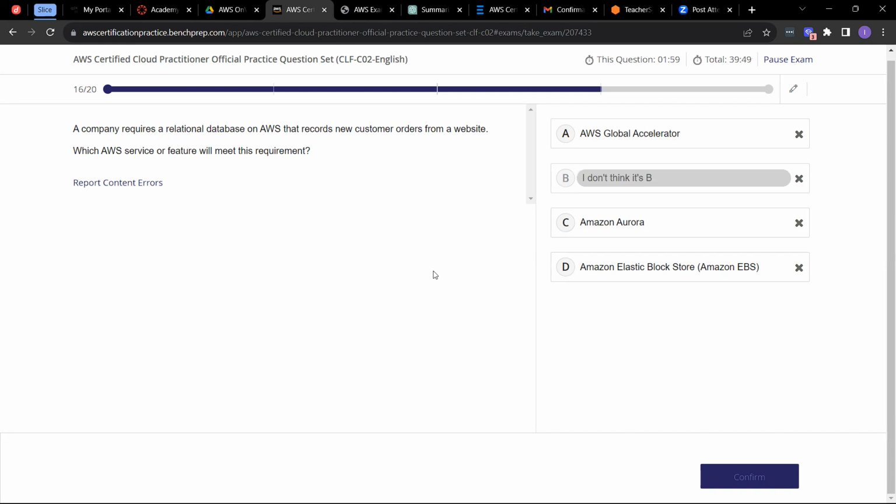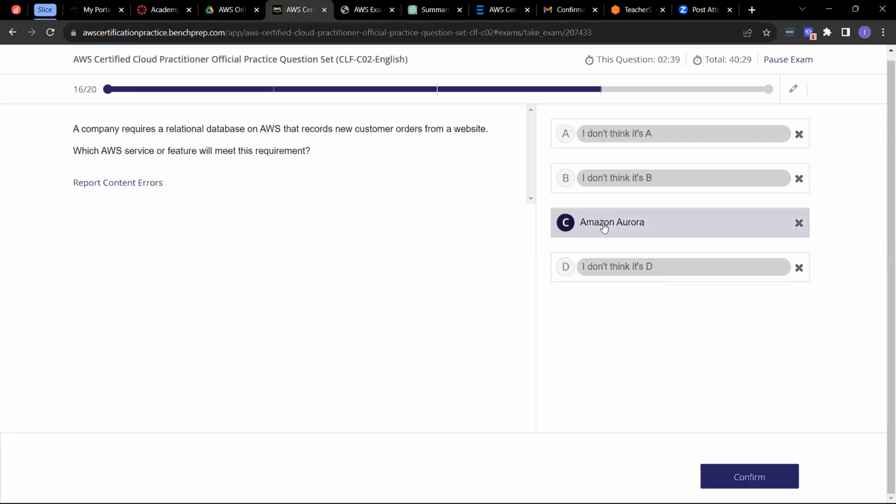There's no E. D is a block storage service, not a database service. And the Global Accelerator, I don't know what it is, but definitely it's not it.